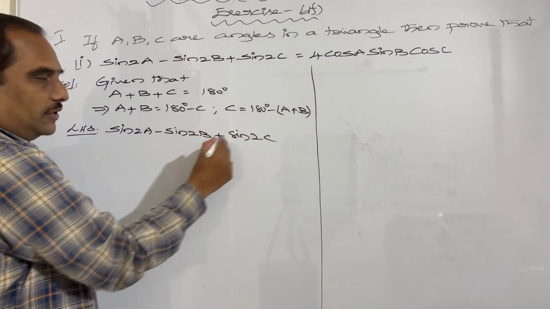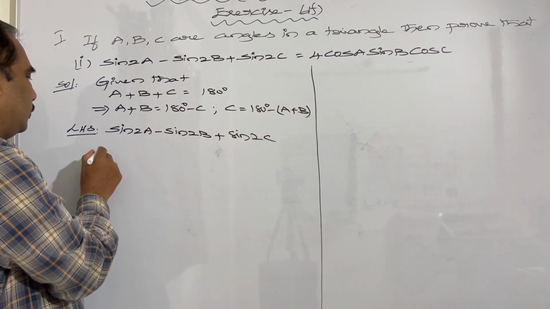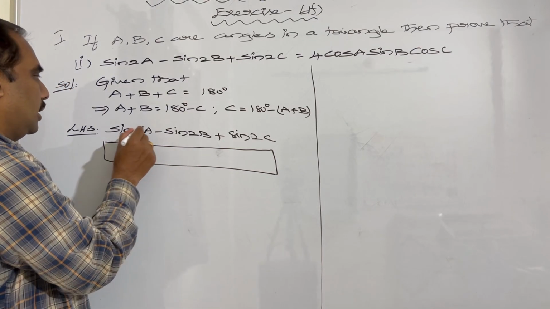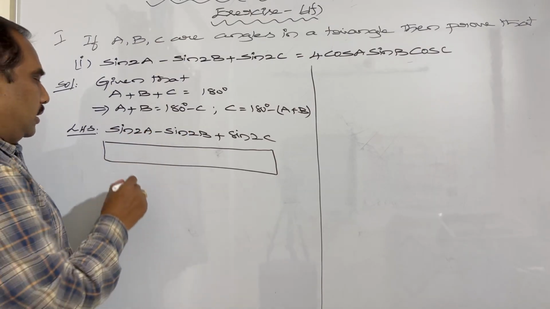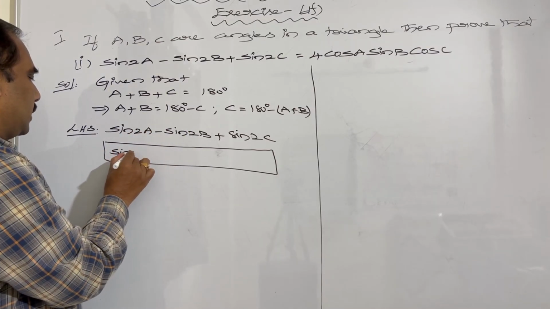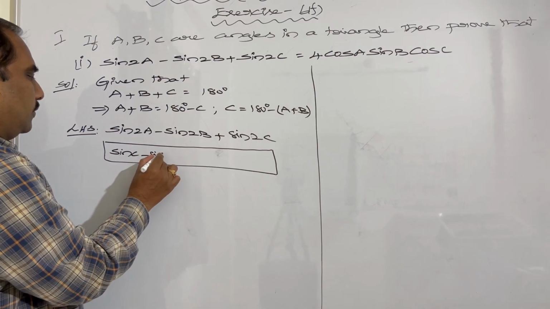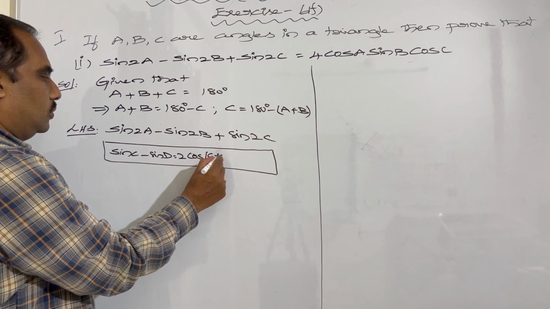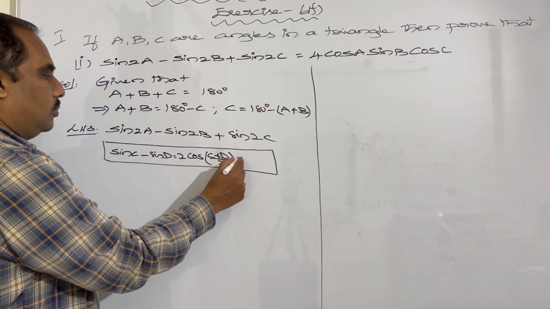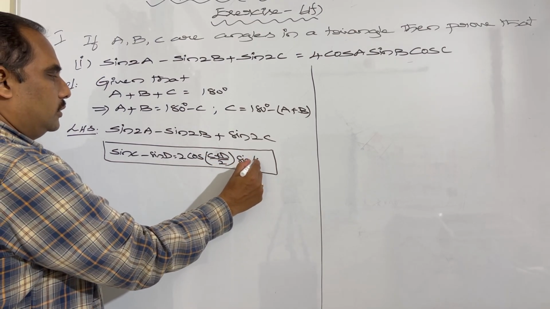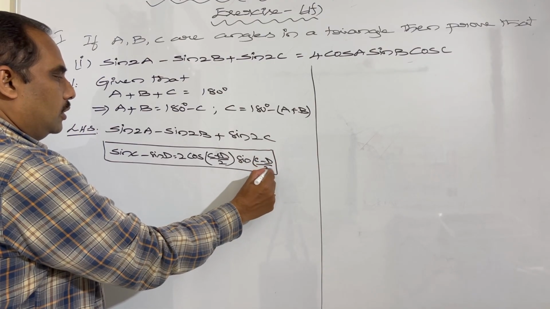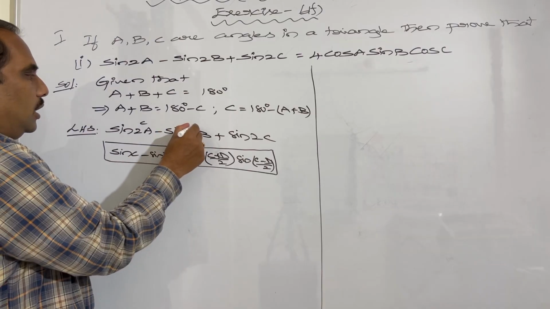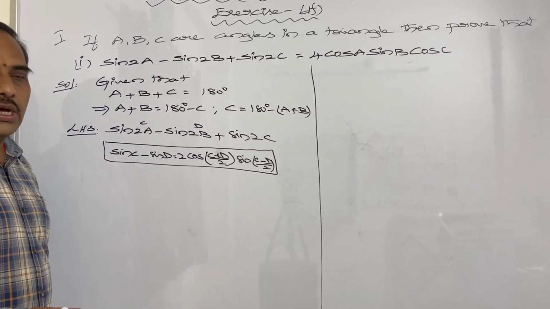Considering the first two terms, which is in the form of sin C minus sin D, we have the formula 2 cos of C plus D by 2 into sin of C minus D by 2. Here, 2A is C and 2B is D if you consider.